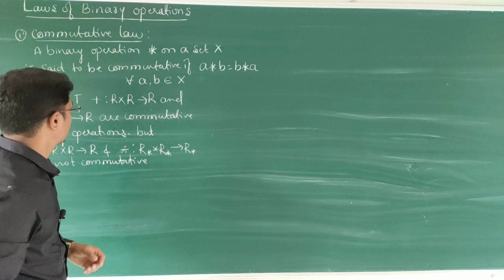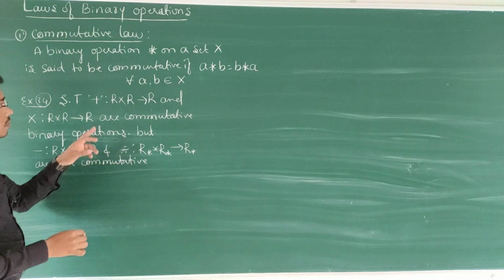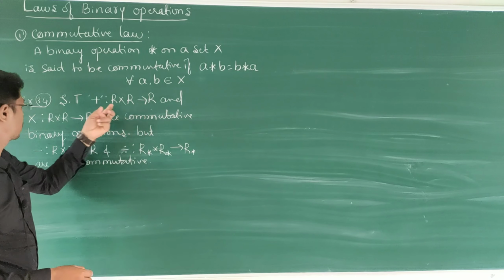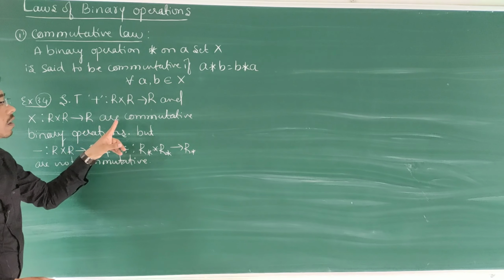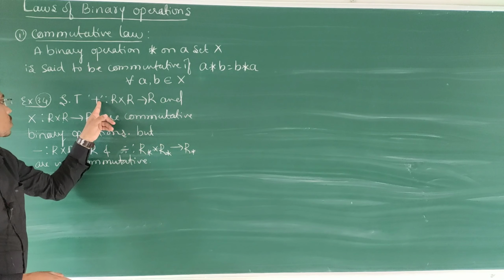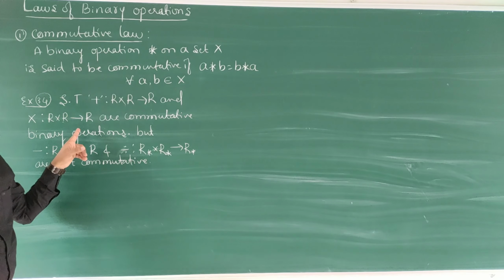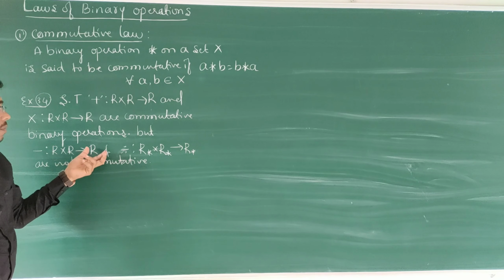Okay, example: show that addition from R cross R to R and multiplication from R cross R to R are commutative. We have to show that addition and multiplication on the set of real numbers are commutative binary operations.